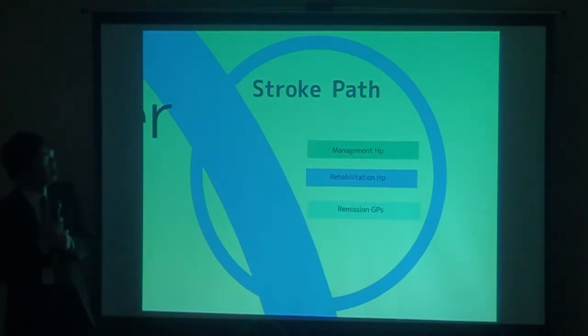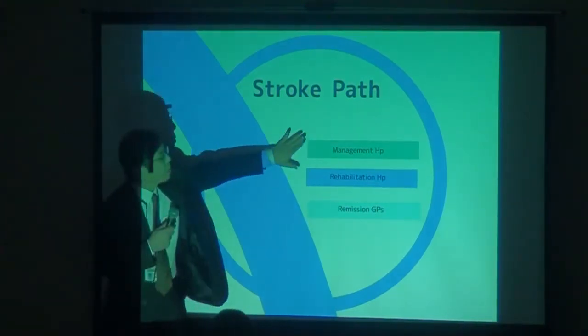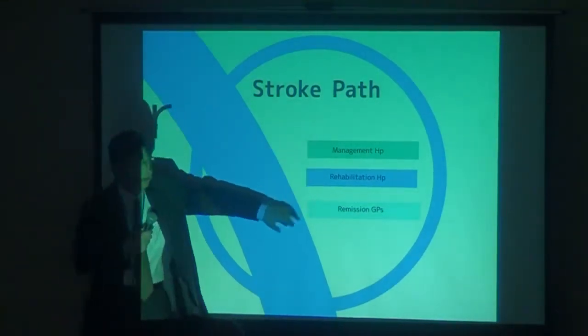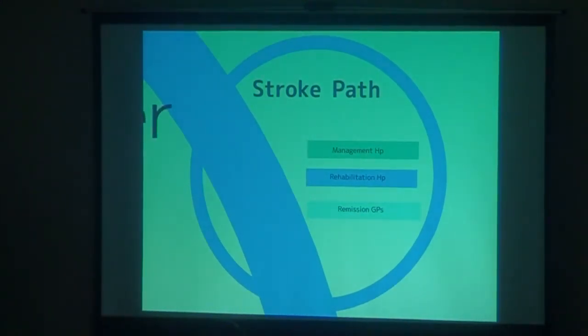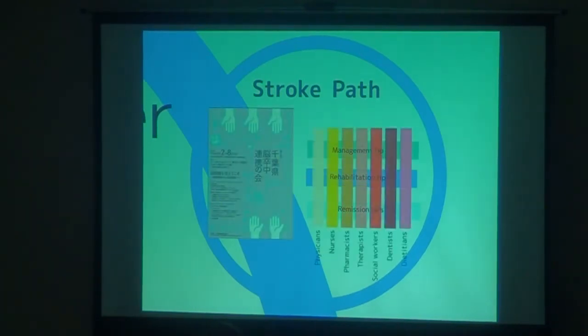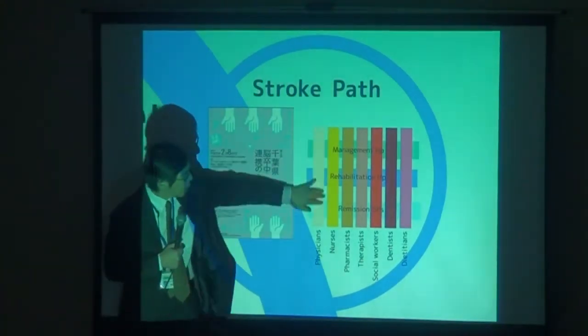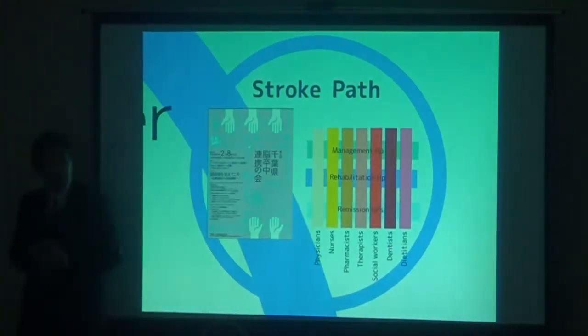Before 2008, we had only this kind of flow, but we didn't have much discussion about how to improve the stroke path. So we have moderated, and there is a physicians group, nurses, and so on.